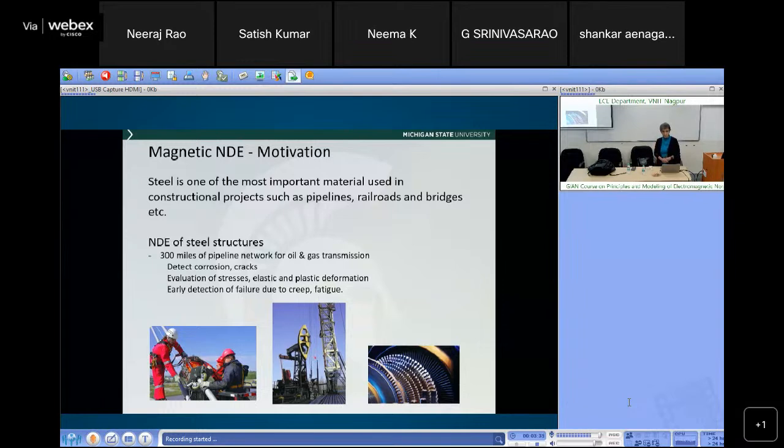You have rebars in concrete made of steel. So wherever you need strength in structures, you use steel. And one of the disadvantages of steel is that it corrodes. You have moisture, it corrodes. And when it corrodes, it cracks. So NDE of these steel structures is very important.